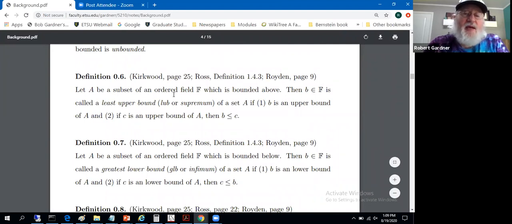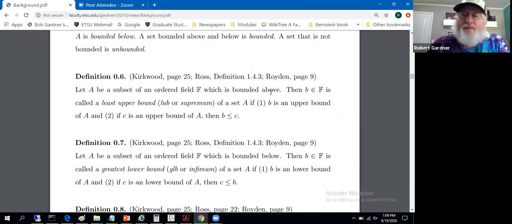Let A be a subset of an ordered field F which is bounded above. So we've got a set A bounded above. That's the setup. Then B in field F is called a least upper bound or supremum, LUB, of set A if two things happen.